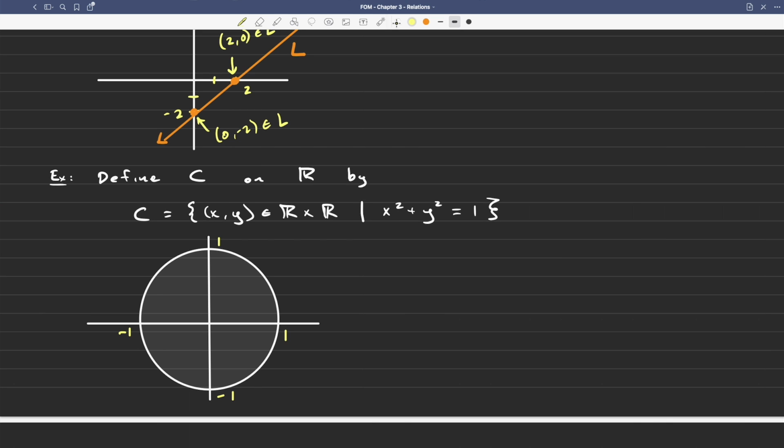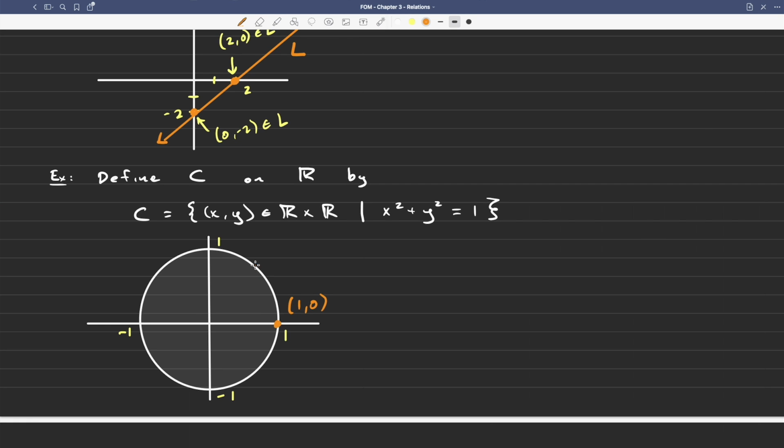So elements of a relation are ordered pairs. You should know lots of points on a unit circle. For example, there's 1, 0 and 0, 1, the points where the circle intersects the axes.